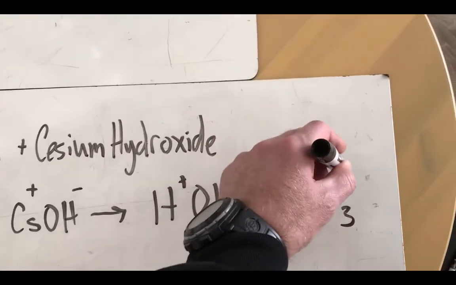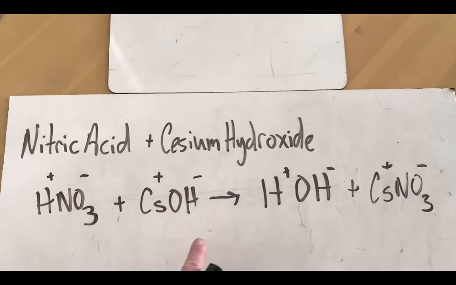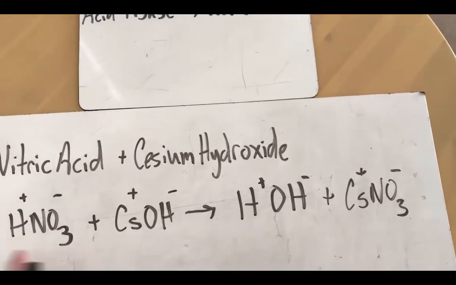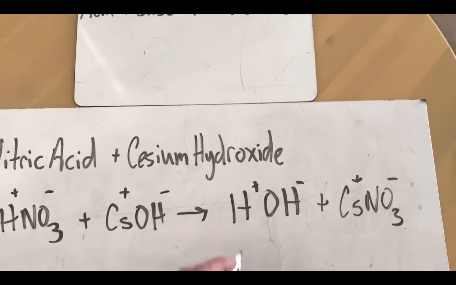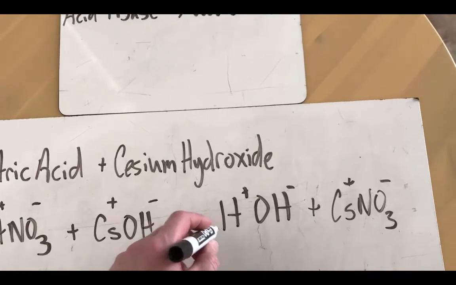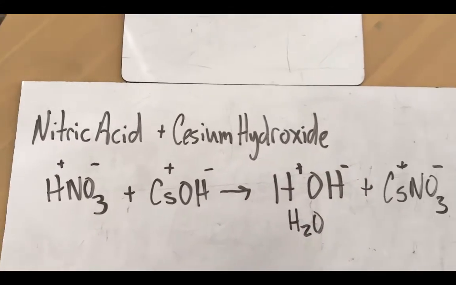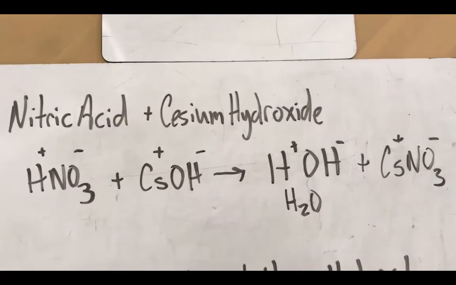So I'm going to still check: these are all plus and -1, so I don't need to put any subscripts. And if this really bothers you after you get done balancing them, you can write this as H2O if you need to. They're pretty straightforward like this.